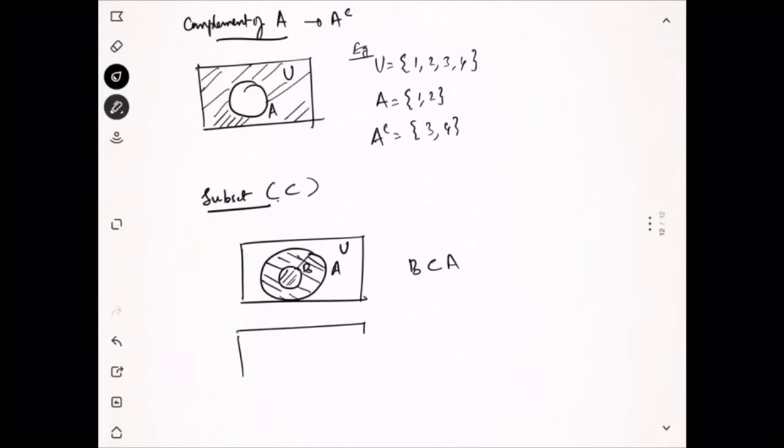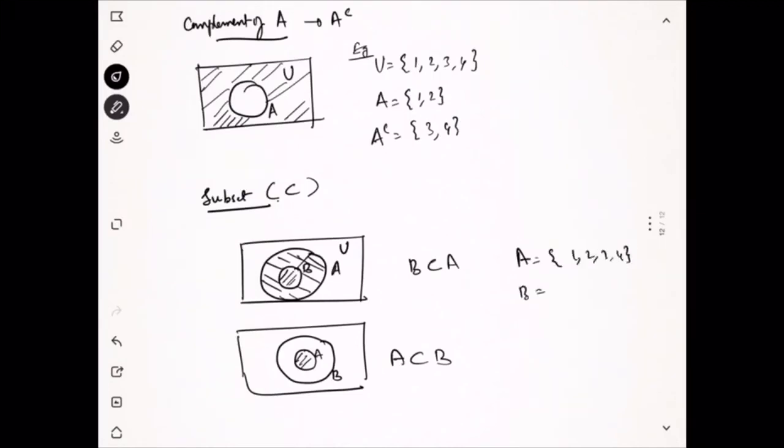Suppose we have it the other way also. Suppose this is the set B and A is contained in B, then we will say that A is the subset of B. Let us assume that A equal to 1, 2, 3, 4 and B is equal to 1, 2.